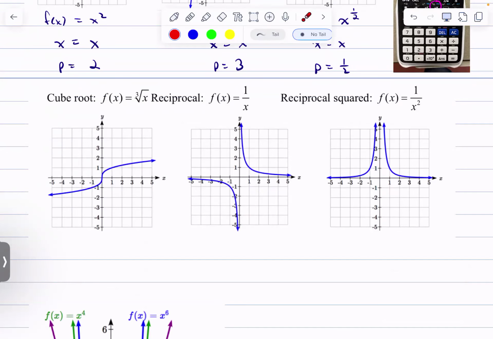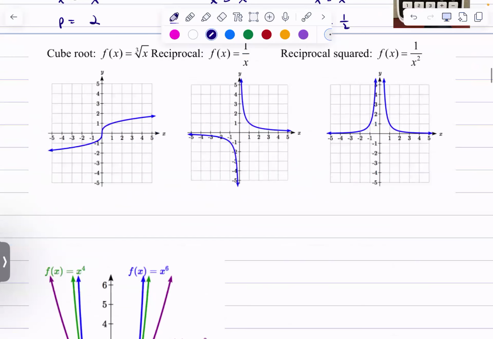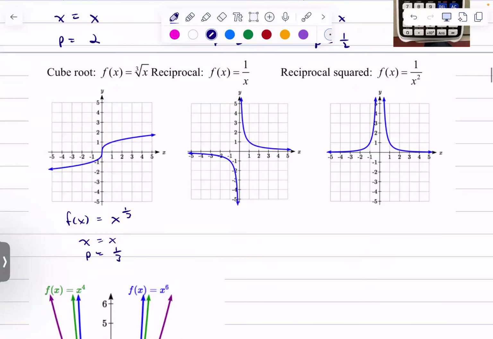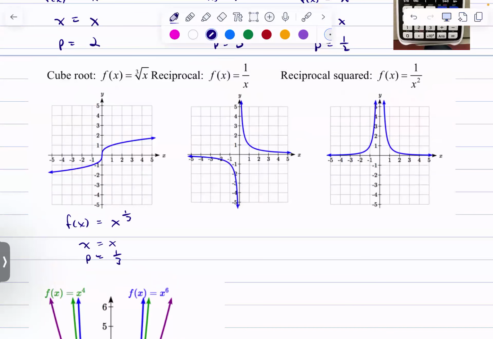We get the cube root, which we can rewrite as f of x is x to the 1/3. X is always x, but p is 1/3 in this case. So those are the powers that we're interested in, the p's.